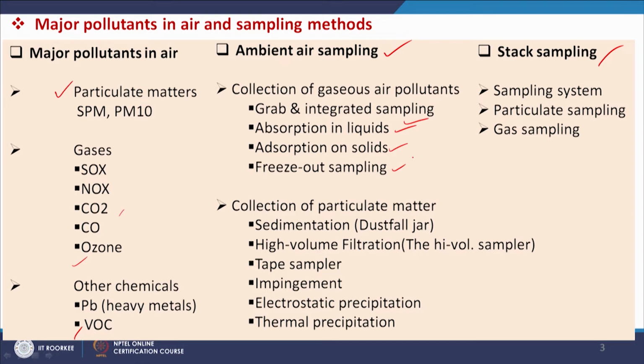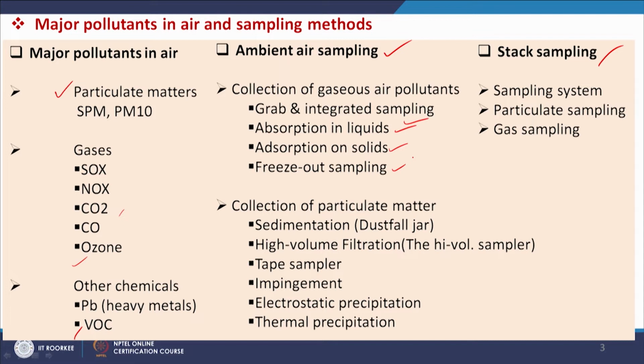So, we are talking about the sampling of ambient air. In that case we can directly take the air from the environment or the atmosphere, or this air can be passed through some liquid for absorption, or passed through some solids for adsorption, and then those will be analyzed further.